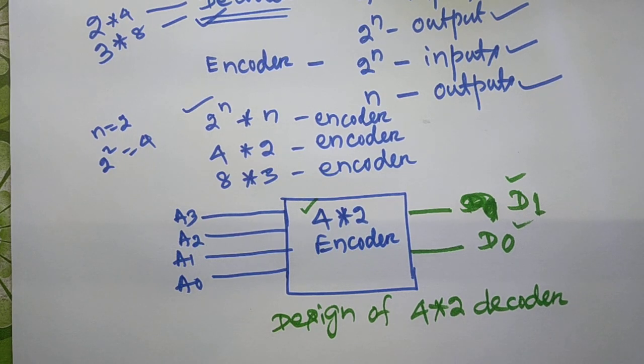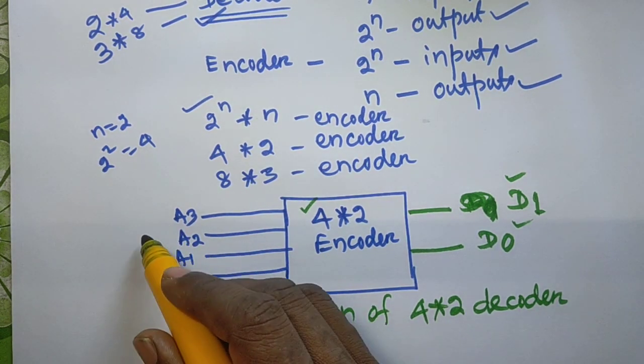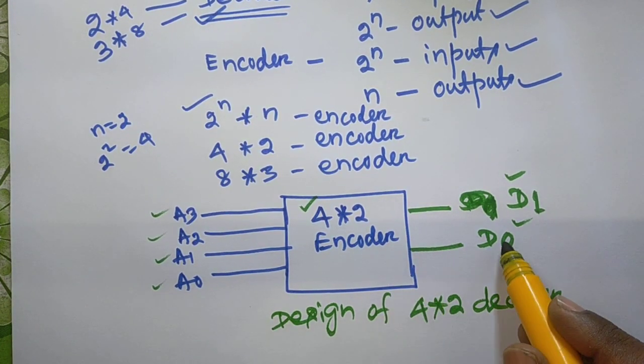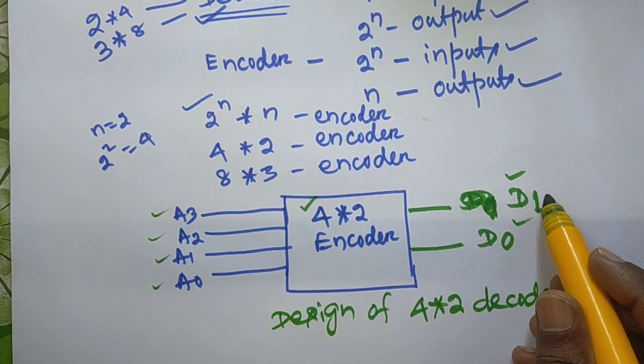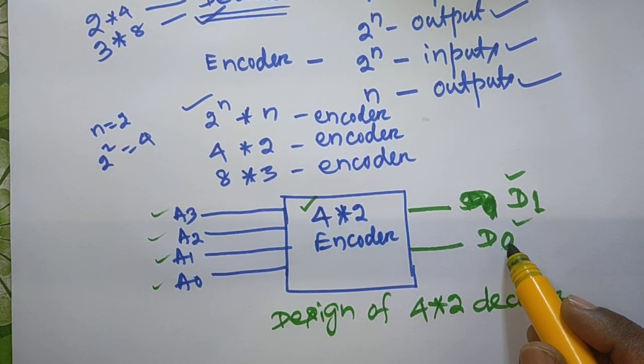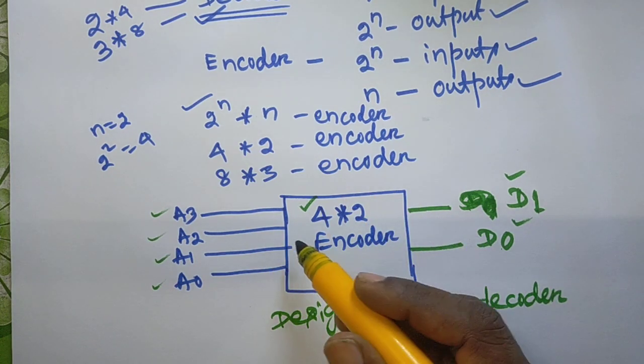The design of a 4 into 2 decoder in this manner: in a very simple way, we can take 4 inputs here, A0, A1, A2, A3, and 2 outputs, D0, D1. That means whenever we provide 4 inputs, we can get the 2 outputs D0, D1. This is the basic concept.